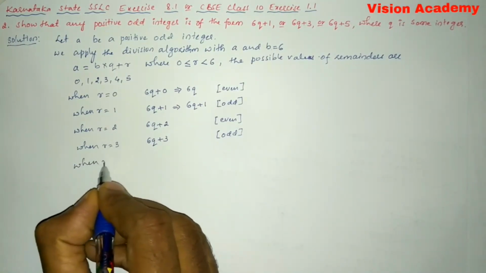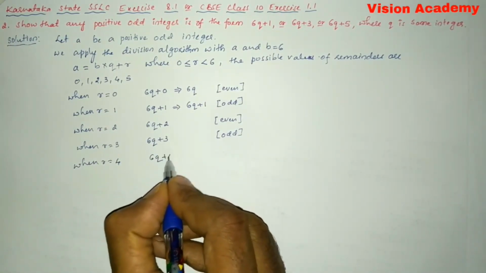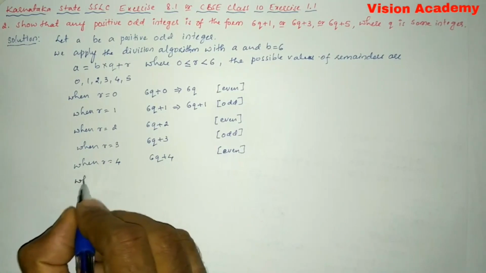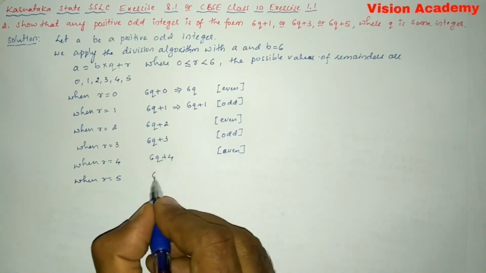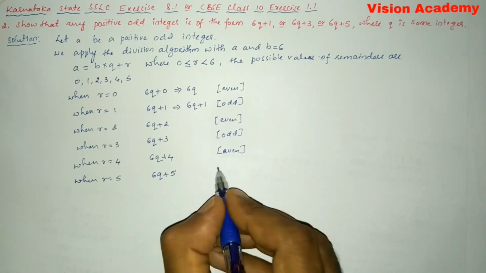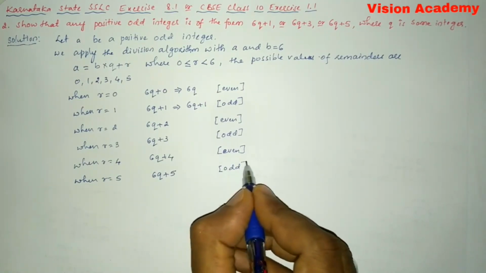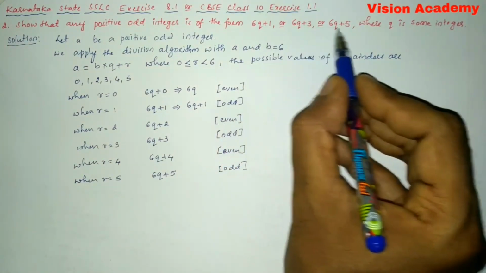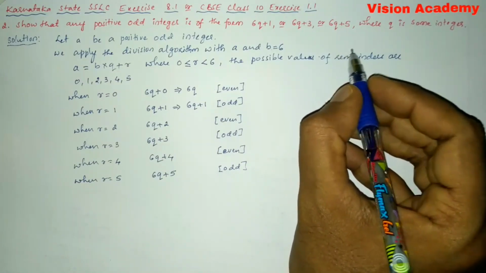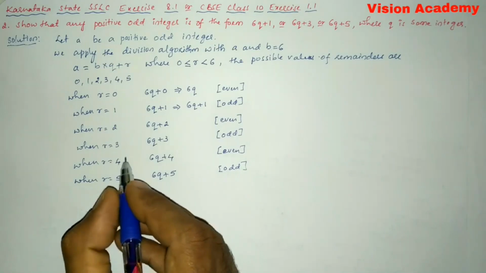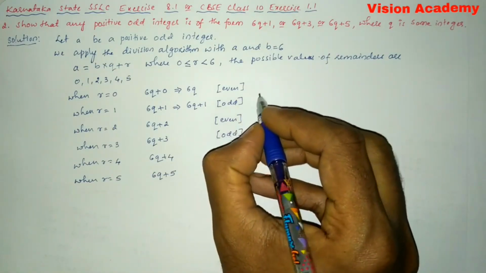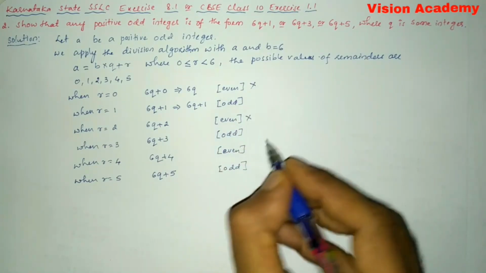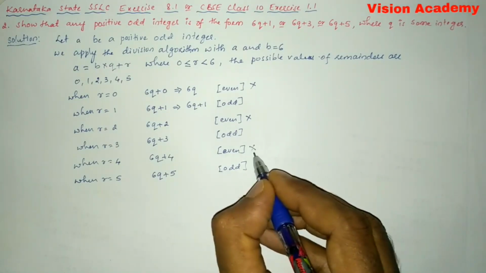When r is equal to 4, it will become 6q plus 4. So this one will become even. Next when r is equal to 5, we can write 6q plus 5. Again this one will become odd. So in the question they have given 6q plus 1, 6q plus 3 or 6q plus 5. Since a is odd, a cannot be 6q, and a cannot be 6q plus 2, and a cannot be 6q plus 4.